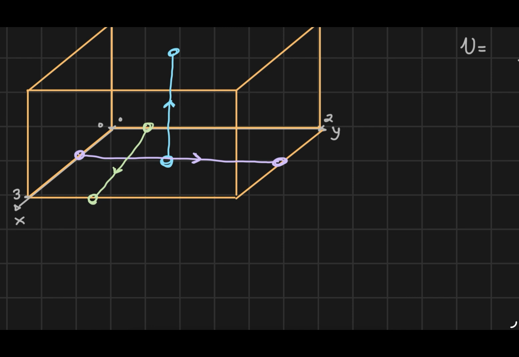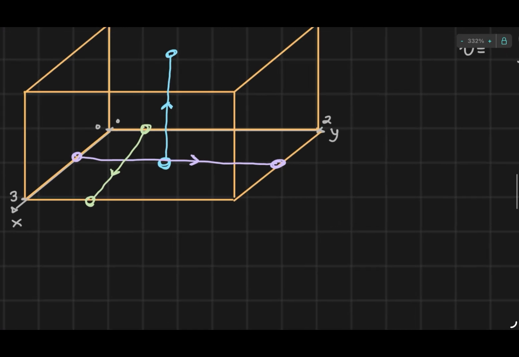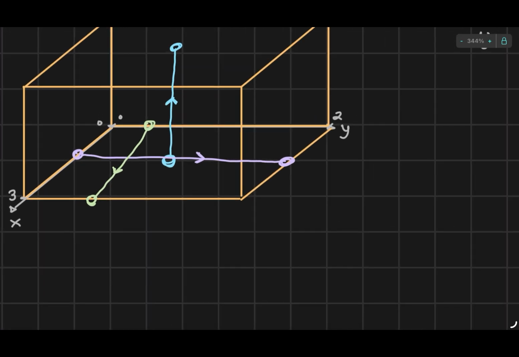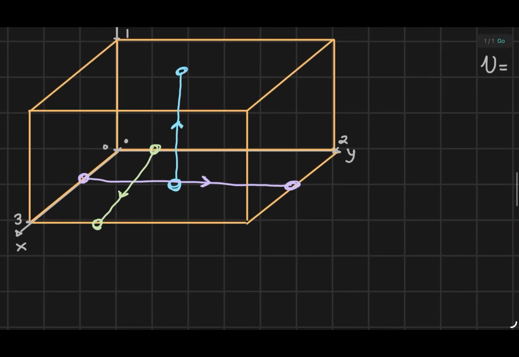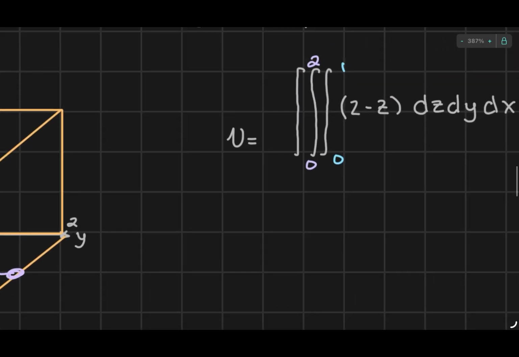I am just not going to be doing that. For this green one, what are we coming in from? We're coming in from this point right here. This is going to be the x equals 0 plane. We're exiting right here going this way. This is going to be the x equals 3 plane. So those are going to be our bounds for our x differential.